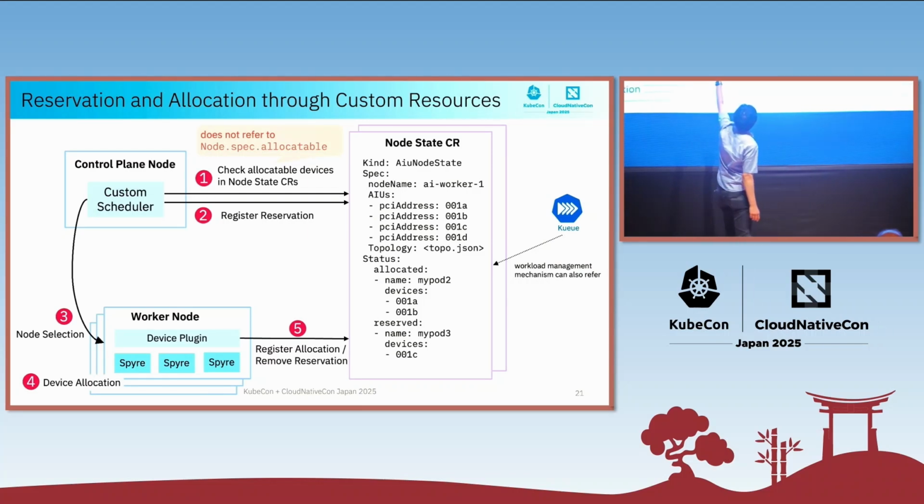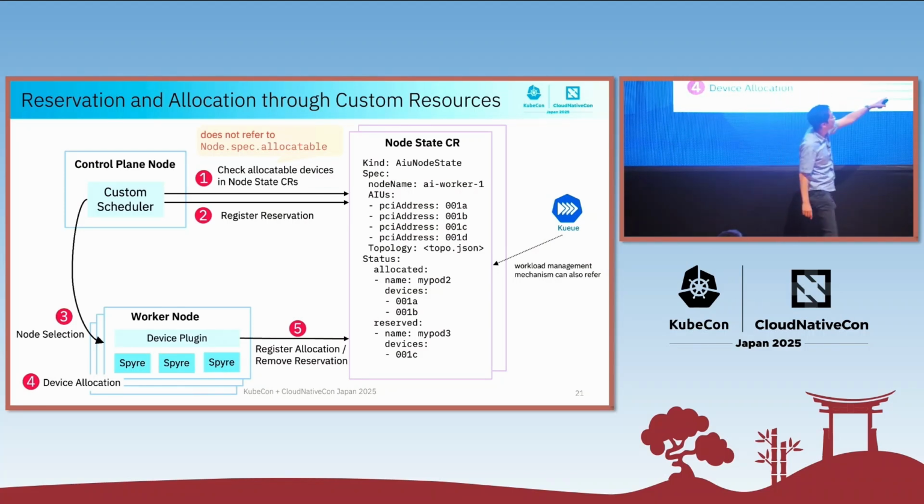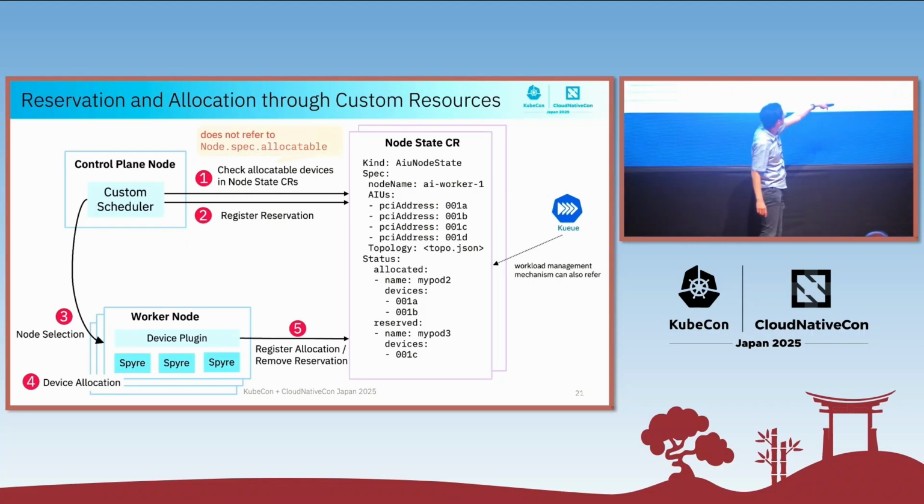So the scheduler can select available devices from this custom resource and write the reservation here, and then bind the pod to a certain node. Then the device plugin on the node reads the reservation status and then uses it and allocates the reserved device to a requested pod, then removes the reservation.